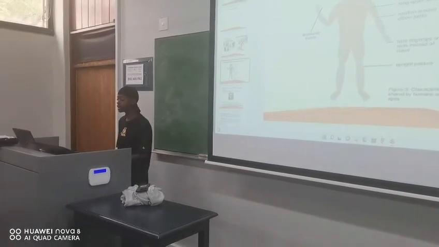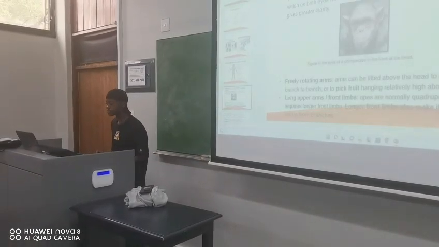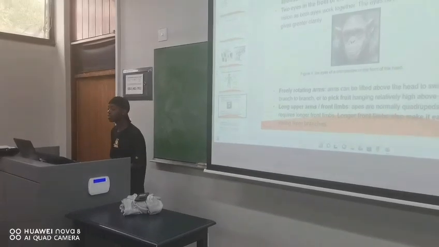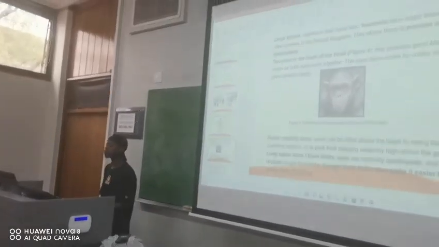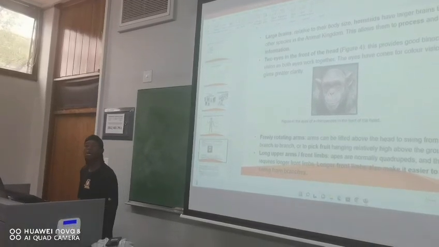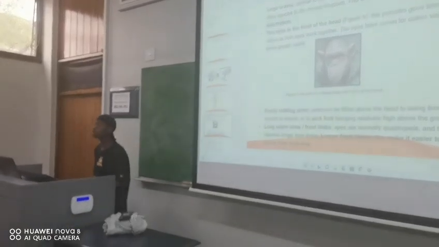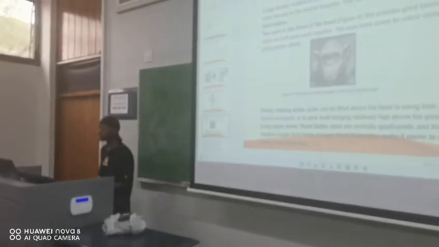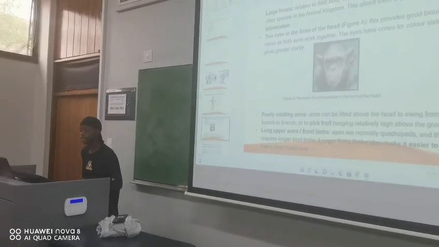They have large brains relative to their body size, and hominids have larger brains than any other species in the animal kingdom, which allows them to process and store more information than any other species.